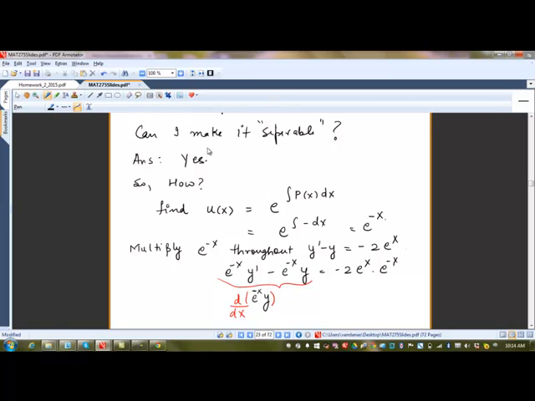This is the real power of this function, and the mathematical name for this will be integrating factor.